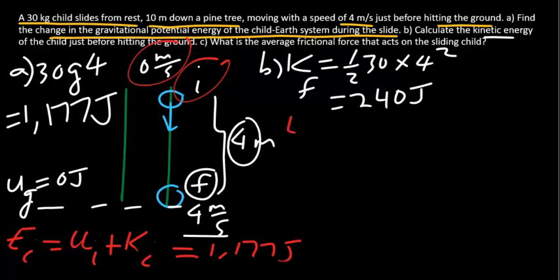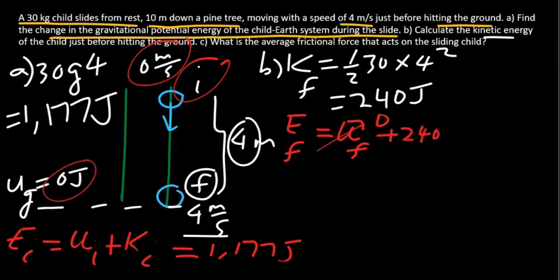Now what about the energy at the final location? At the final location, the gravitational potential energy of the system was set to be 0. The kinetic energy there has been determined in part B. It's 240 joules. Now as you can see, the initial mechanical energy is much greater than the final mechanical energy.